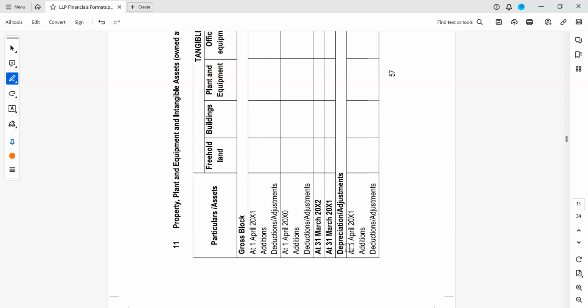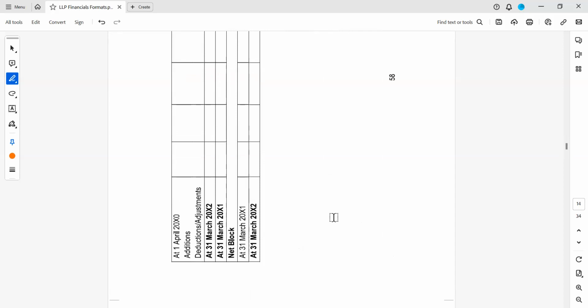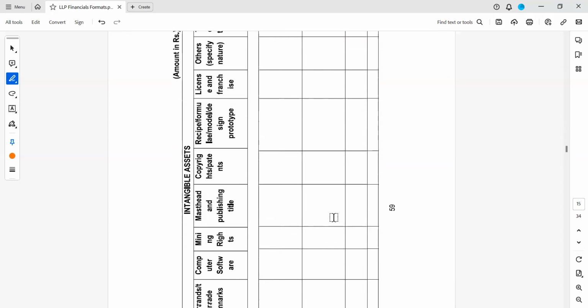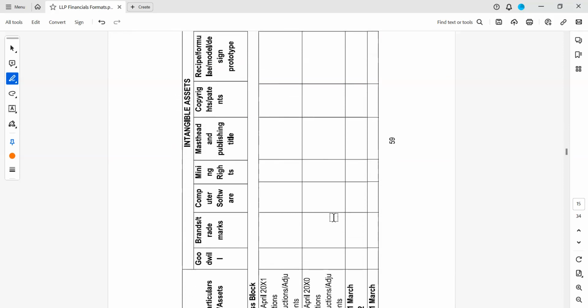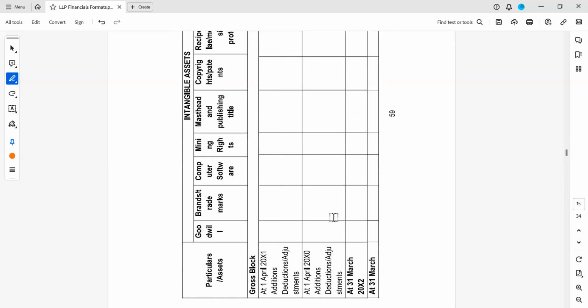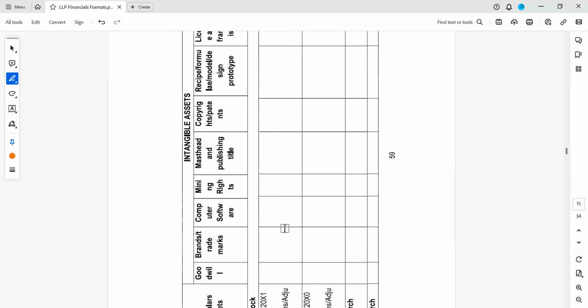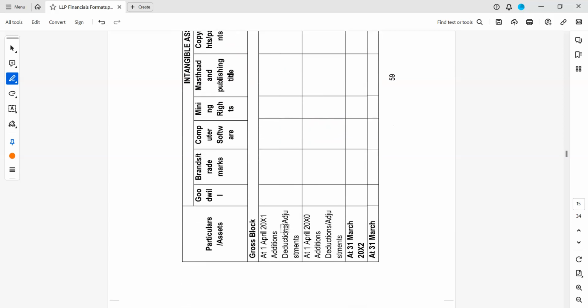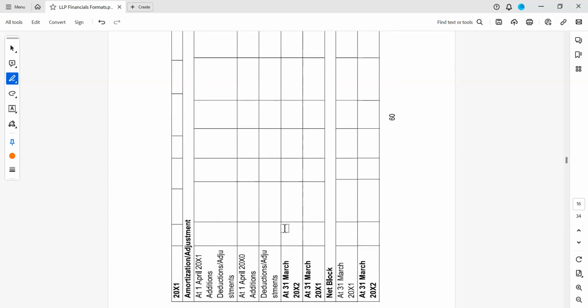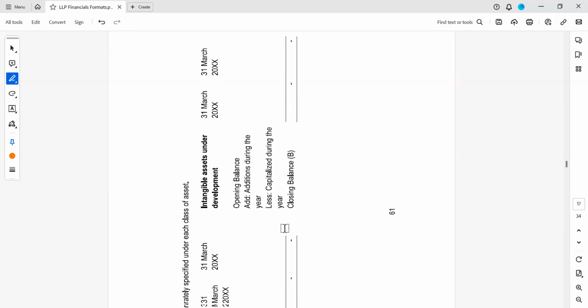So this is the format they have followed in the company's. Now same thing for intangible assets. In that company we had seen only one intangible asset, software, and here they have given the format with various items of intangible assets. Okay, same format for intangible assets.